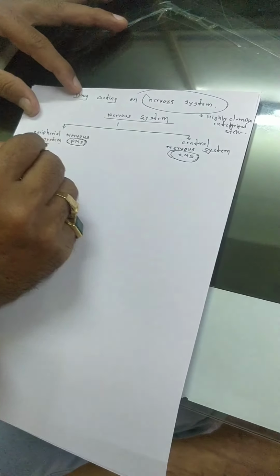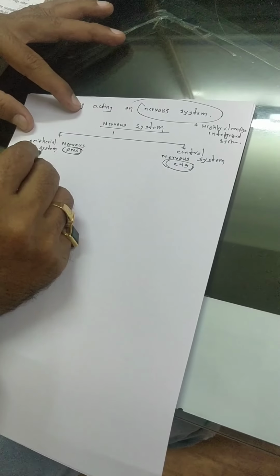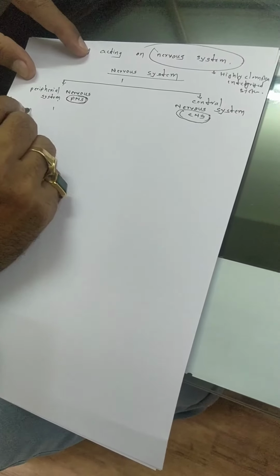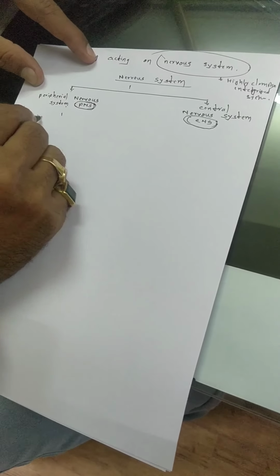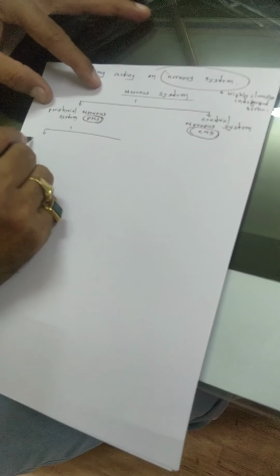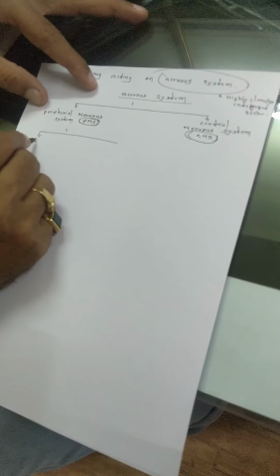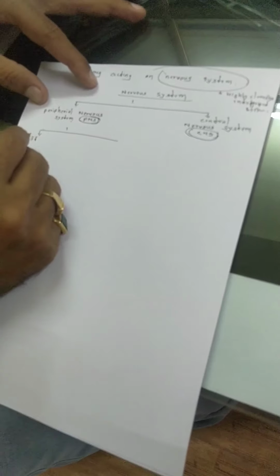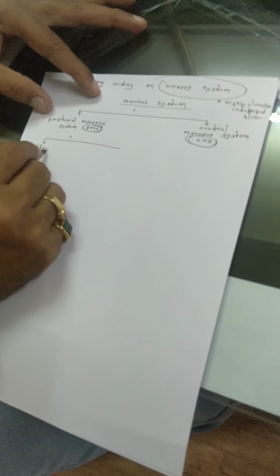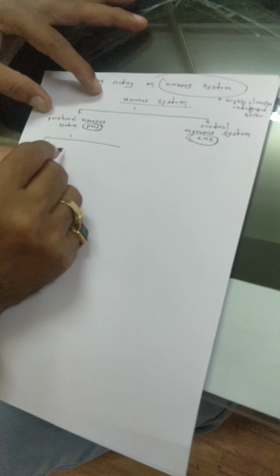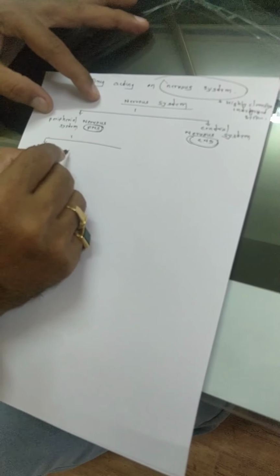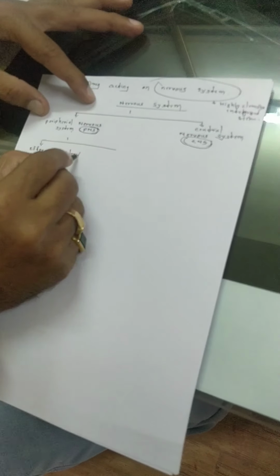Now the peripheral nervous system can be divided into two parts. Afterwards we have to discuss remaining things. Efferent system or division.